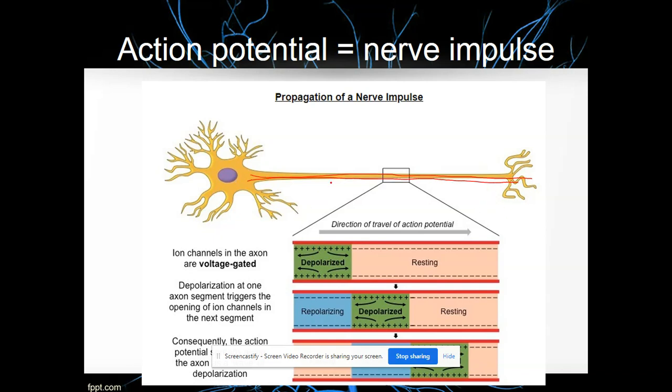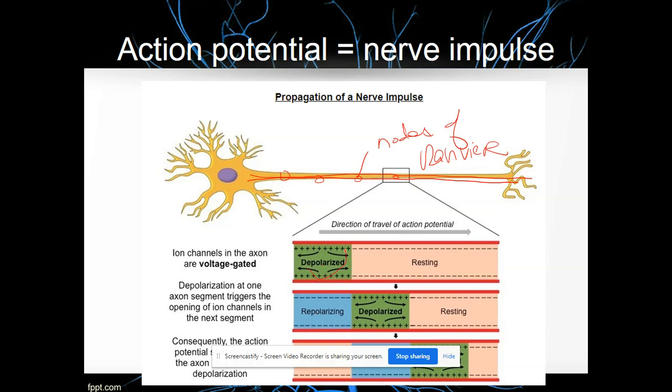But instead, little chunk by little chunk by little chunk, those nodes of Ranvier between the myelin sheath cells are going to become depolarized and then repolarized and then go back to resting potential.